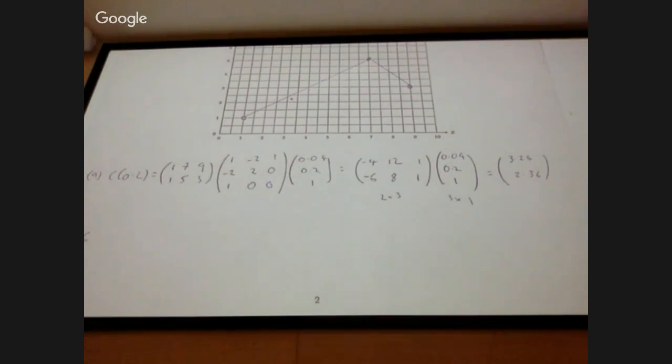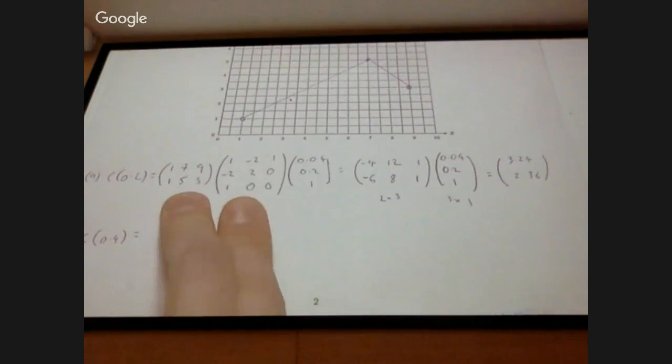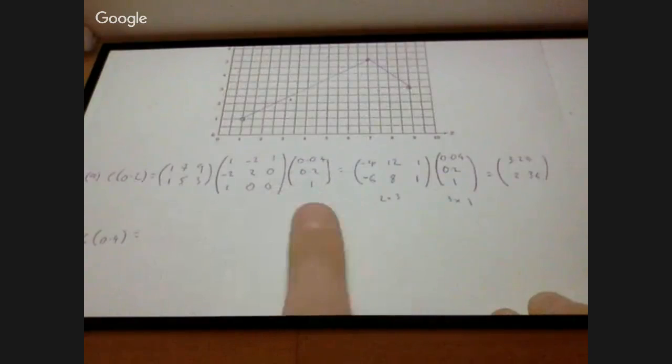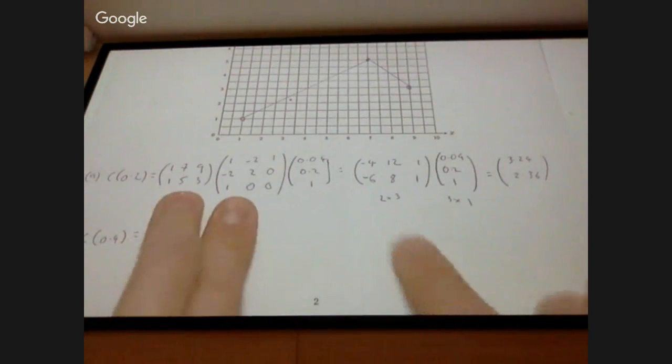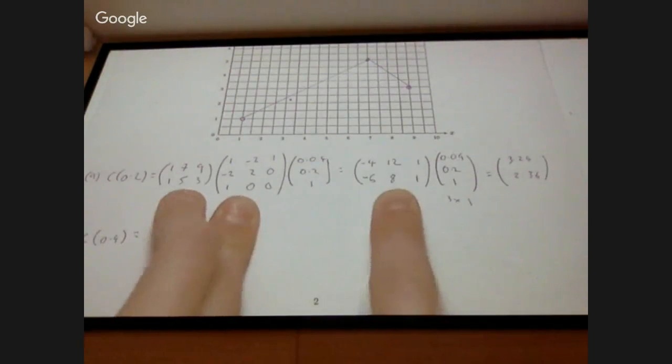What about t equals 0.4? Well, when t equals 0.4, we're going to have the same first two matrices, aren't we? Because the only thing that changes is the third matrix. So these first two are going to be the same, so I might as well just write that one down.